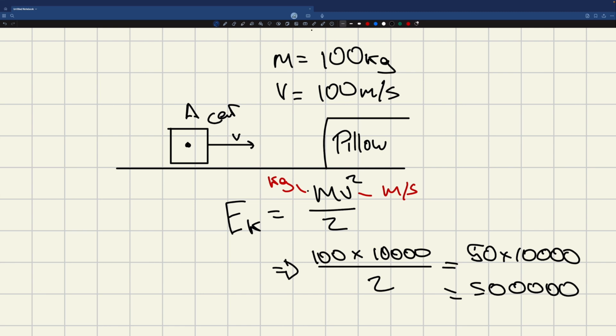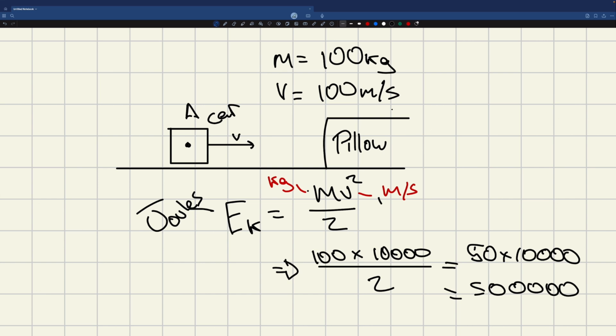So kinetic energy, essentially most energy, is measured in joules. So now we know that my car has a kinetic energy of 500,000 joules. My car is incredibly fast, and my car will transfer that exact amount to the pillow.